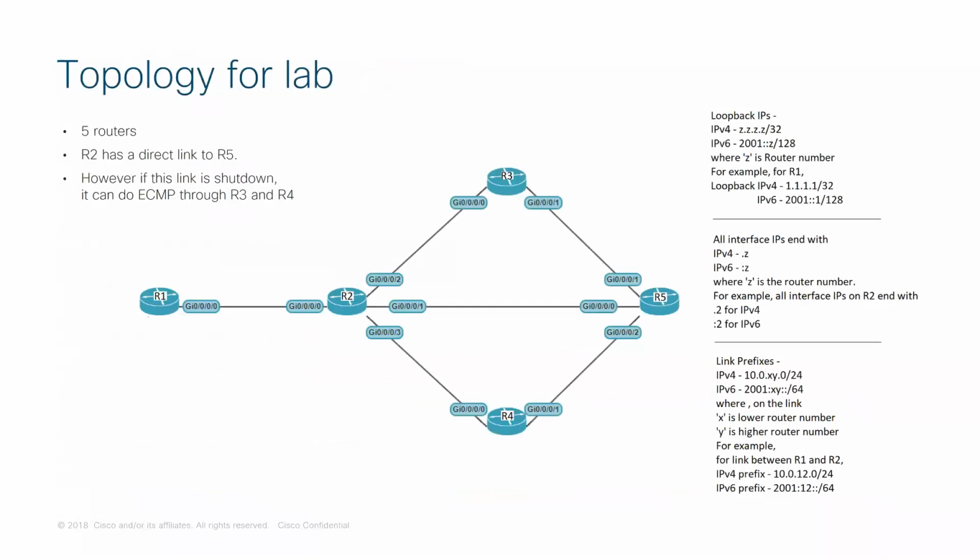But if I want to take a different path, I can go from R2 to R3, R3 to R5, etc. That's the reason I built a topo like this. The numbering is 1.1.1.1 for R1, 2.2.2.2 for R2, the loopbacks. And 10.0.12.1 for R1, 10.0.12.2 for R2 are the link IPs. Link IPs are 10.0.XY.whatever the router number is, where XY is the two routers.